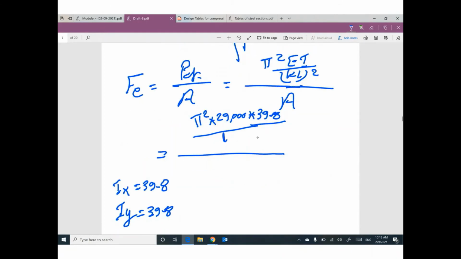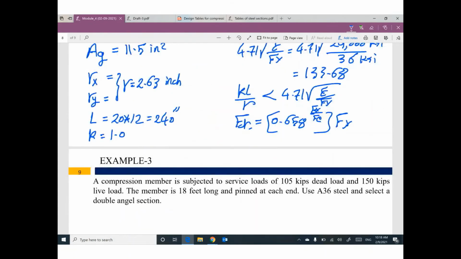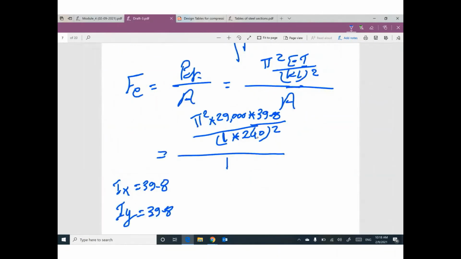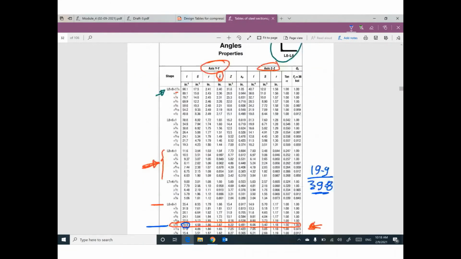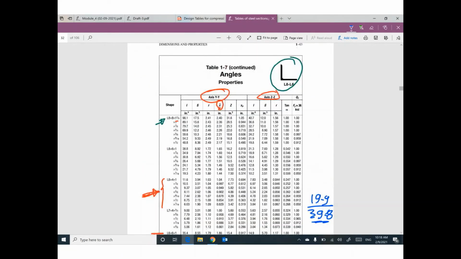K is 1, L is 240, all of them squared, divided by area, the area of the two angles, 11.5. So guys, just to give you a hint, I went to the table for double angle. I didn't find IX or IY.